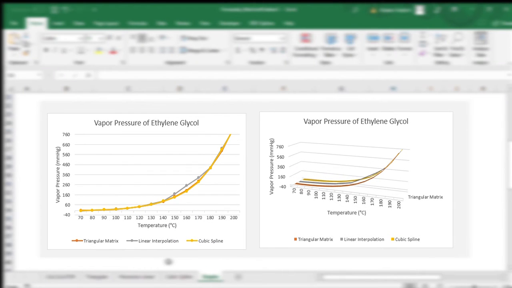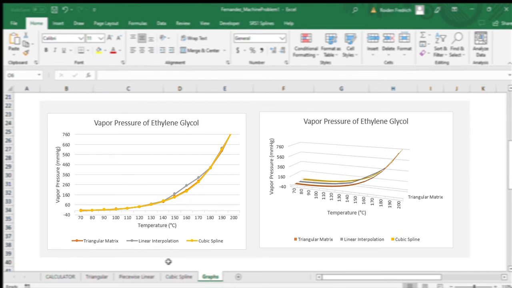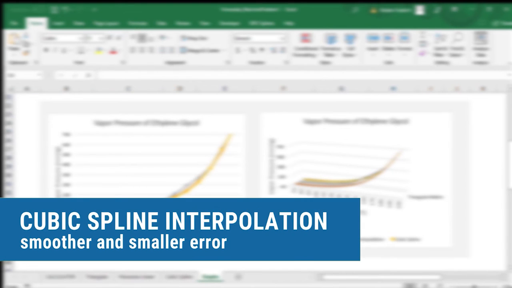As you can observe in the graph and the data, we have the Newton polynomial interpolation by triangular matrix, piecewise linear interpolation, and lastly, the cubic spline interpolation. Comparing these 3 interpolation methods, cubic spline interpolation gives more reasonable values between data points, is smoother, and has smaller error than some other interpolating polynomials.